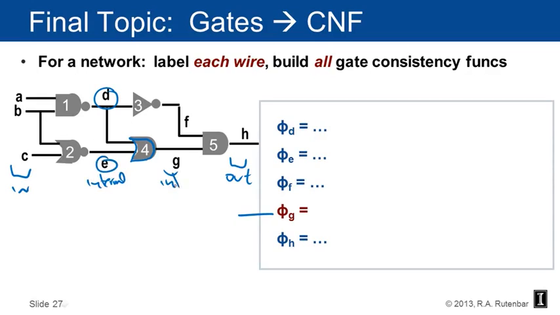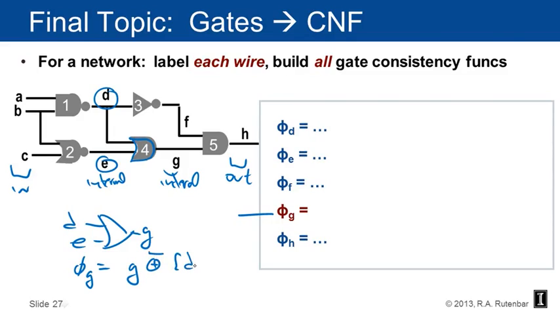This is the gate that's an OR gate. It's got D and E going into it, and it's got G going out of it. If we were to actually do this, the gate consistency function phi G is going to be the name of the output, which is G, exclusive NORed with a Boolean expression for what this gate does, which is D plus E.